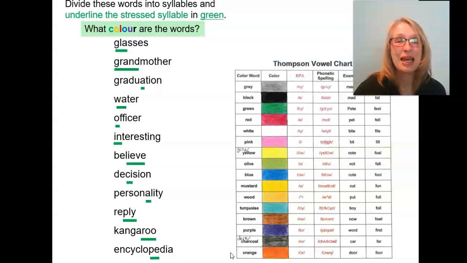The first one, glasses. What color is glasses? Black. How about grandmother? What color is grandmother? Also black.